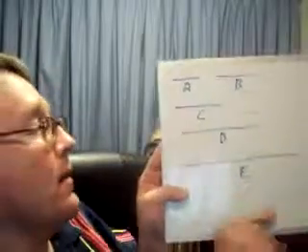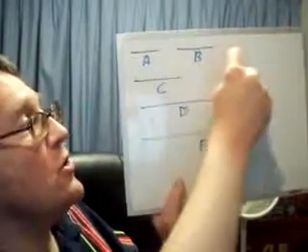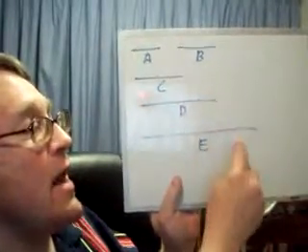For if possible, as A is to B, so let D be to E. In other words, here we go. As A is to B, so will D be to E. Therefore, alternately, as A is to D, so will B be to E. And this is by Euclid Book 7, proposition number 13.